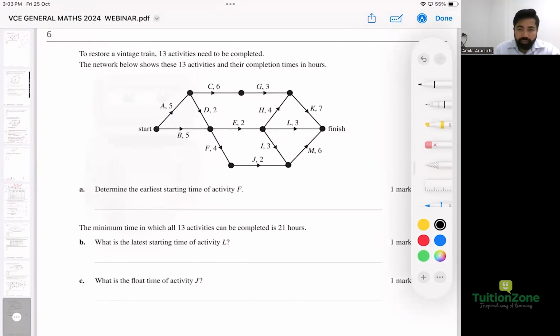Can you find all the EST, LST just to get the idea? All right. So the question is asking for EST, but just draw and label everything. That's the whole idea.